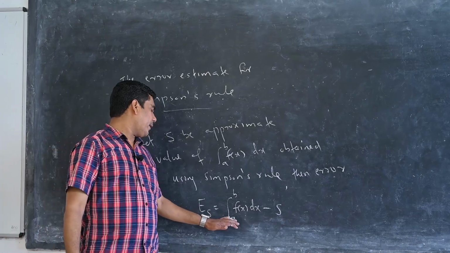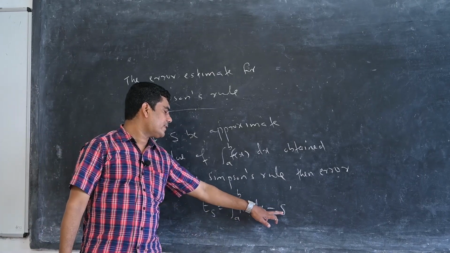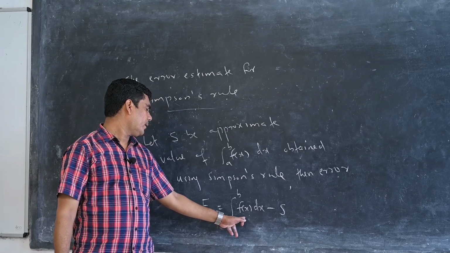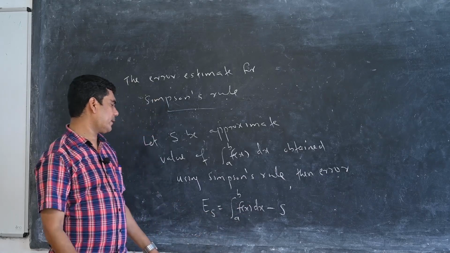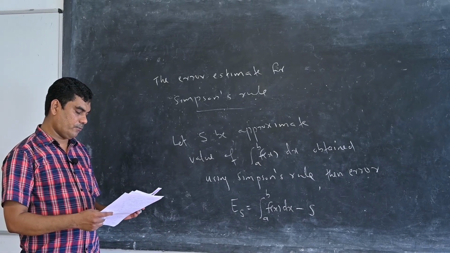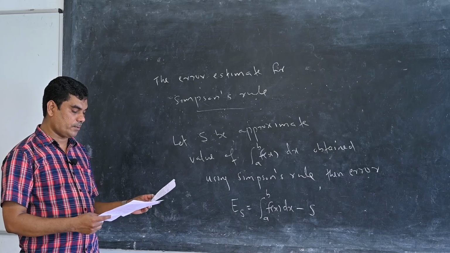The integral a to b f of x is the exact value. S is the approximate value of this using Simpson's rule. Then this difference is the error for Simpson's rule.